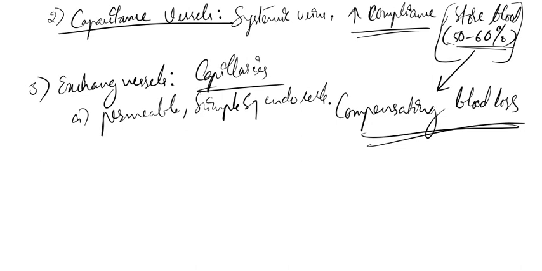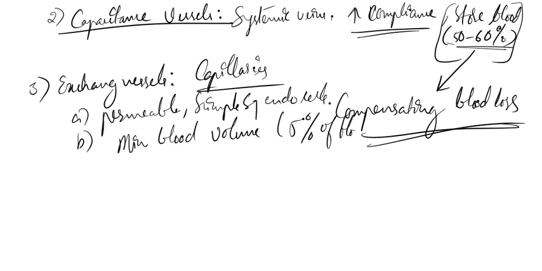Now they have a minimum blood volume, something like 5% of the blood.